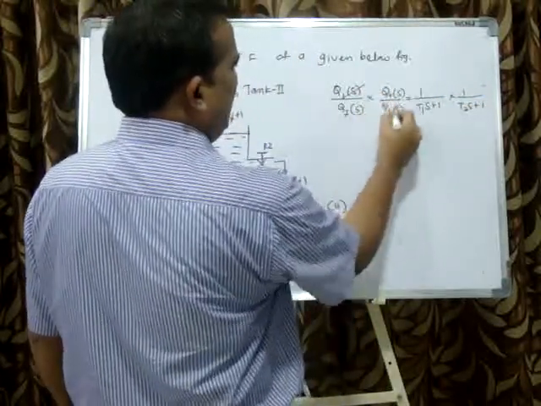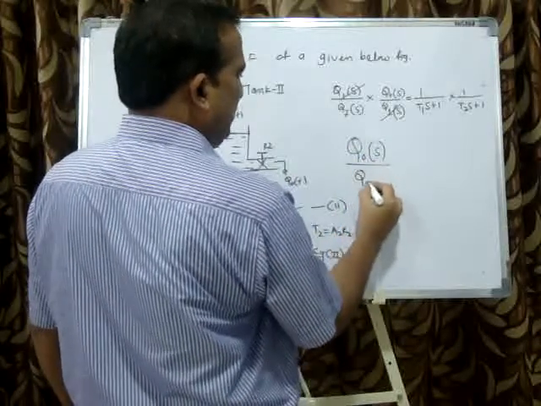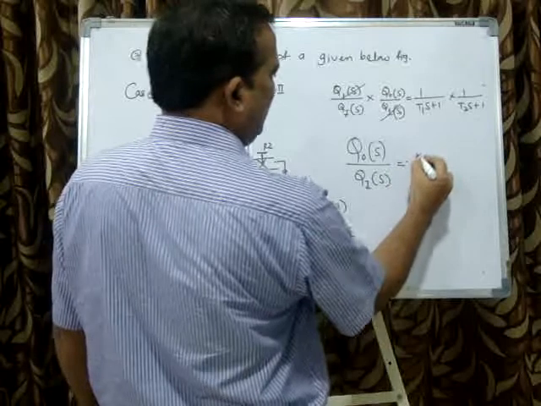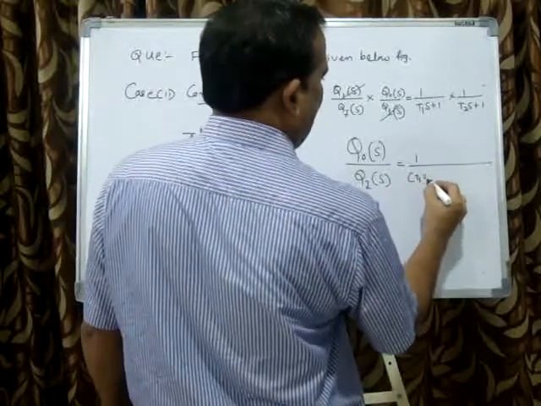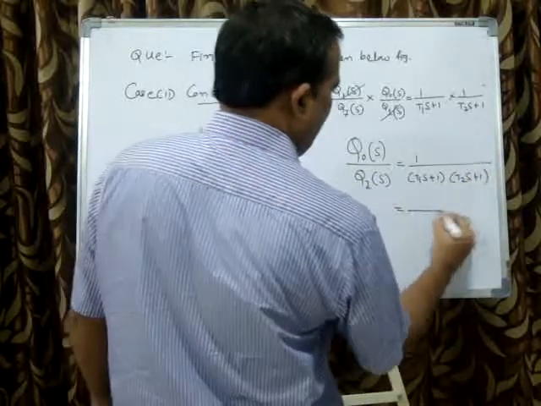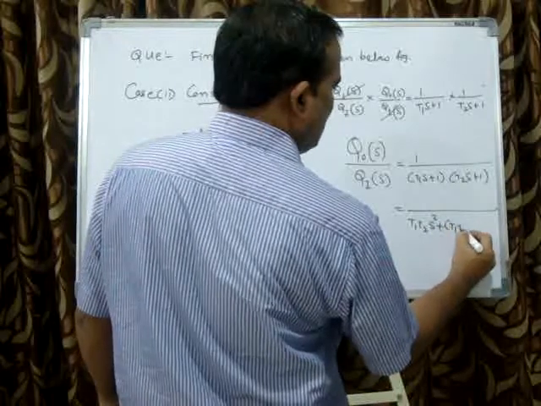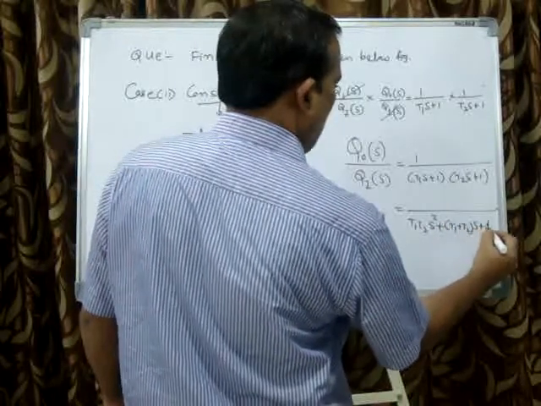Now Q1 gets cancelled. We'll write Q0 of s divided by Qi of s equals 1 by (T1s plus 1)(T2s plus 1). If I remove the bracket, T1 T2 s square plus (T1 plus T2) s plus 1.